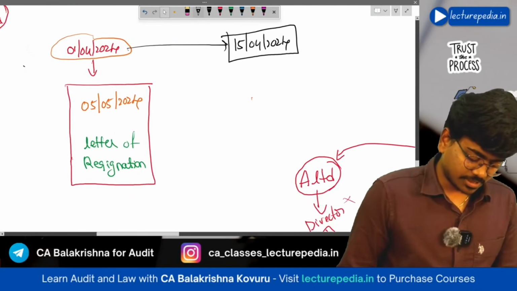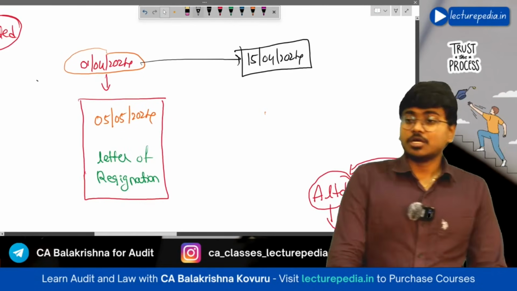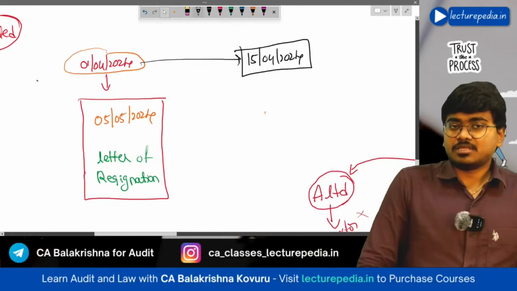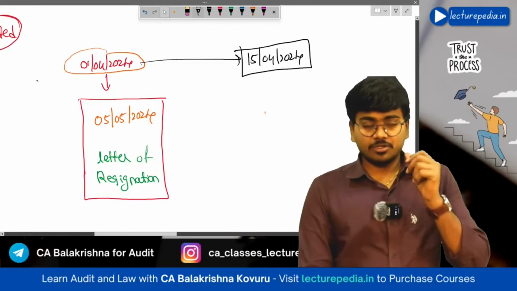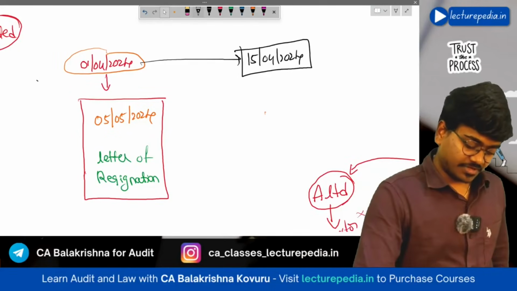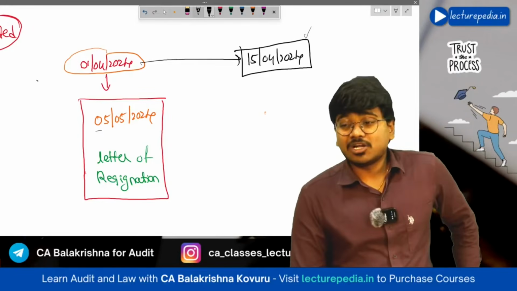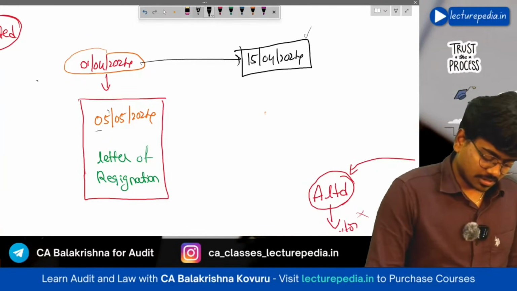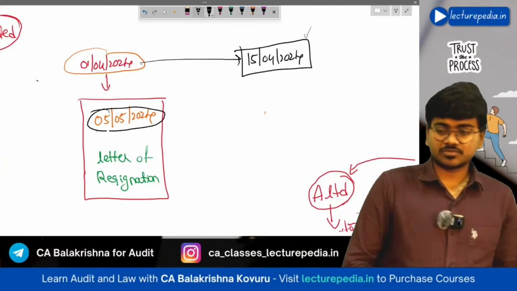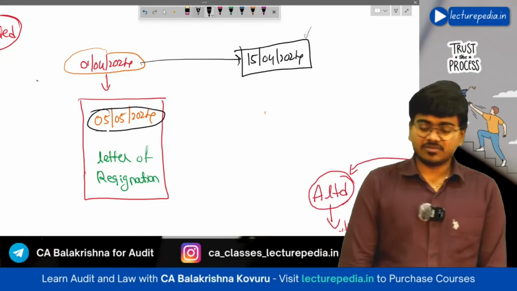So on this date the company has received the resignation letter. Now from which date will the resignation be effective, whether from 15th April 2024 or 5th May 2024? The answer is the later of these two dates, which is 5th May 2024. Okay, so from this date the resignation will be effective.